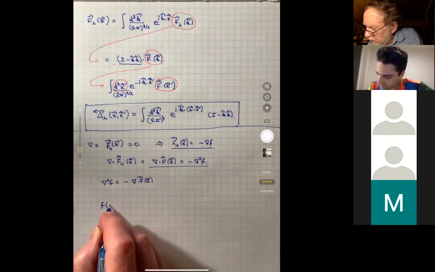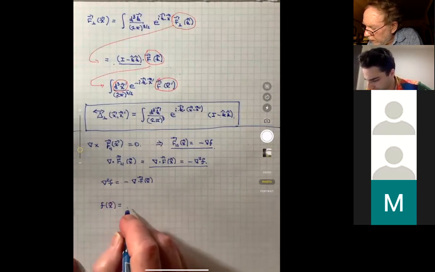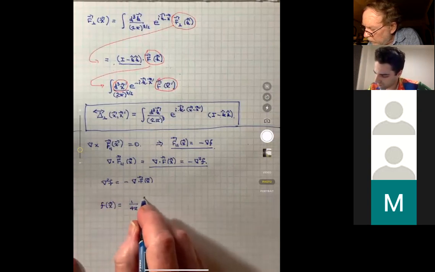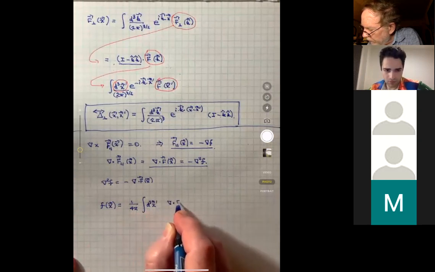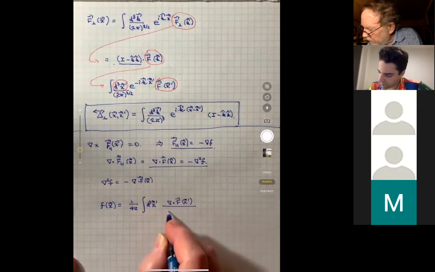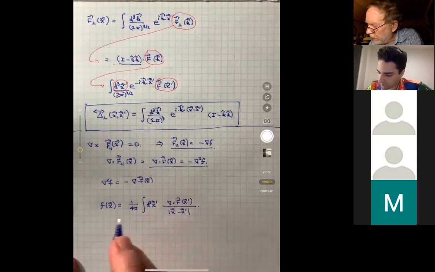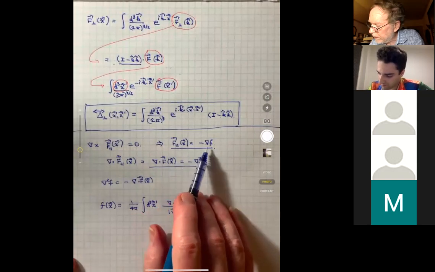So the solution, a unique solution that goes to 0 at infinity, is f of x equals, using the Green's function for the Poisson equation, 1 over 4 pi integral d cubed x prime of del dot f of x prime divided by the Coulomb denominator, the magnitude of x minus x prime.